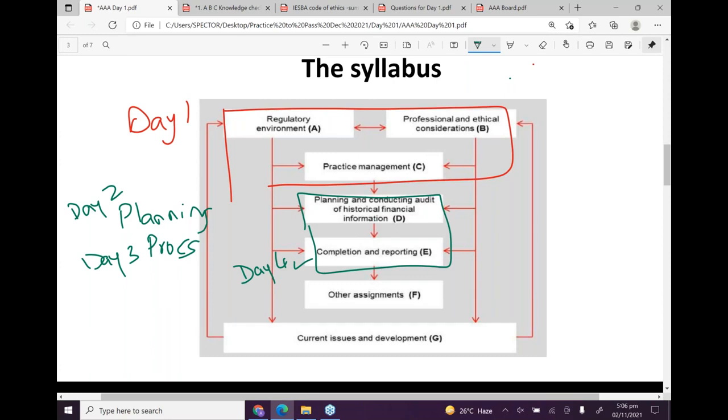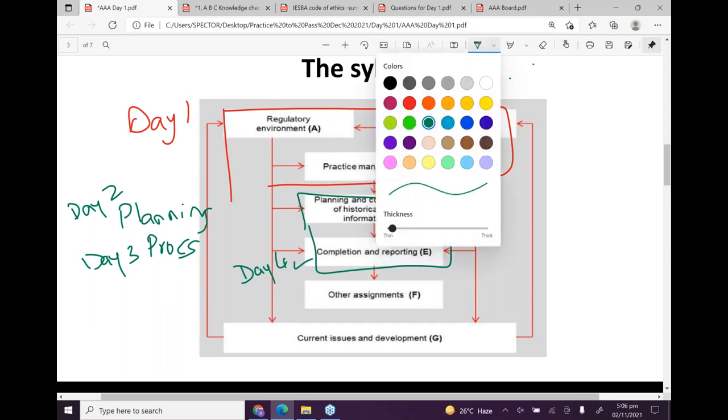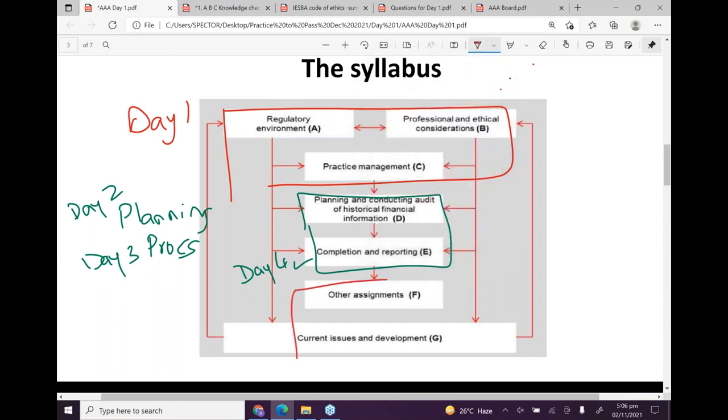And then you have other assignments and current issues. Now, other assignments, there are a number of other assignments. You have prospective financial information, due diligence, audit of performance information, etc., etc. And we are going to cover some of these other assignments on day 5 along with practice.